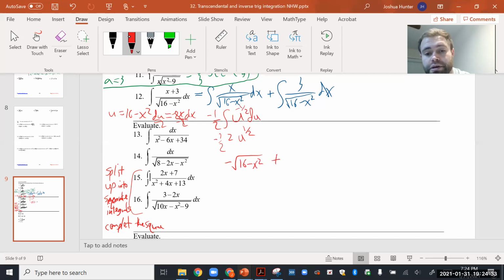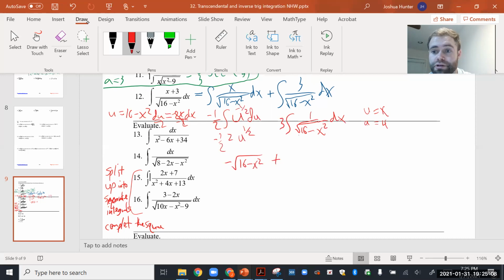I'll have plus. Now, the rest of it. Well, this piece here, I could factor out that 3, and we'd have integral of 1 over square root of 16 minus x squared dx. And now this looks just like the inverse sine, where we're going to have here is the x, and a would be the square root of the number, so it's going to be 4.